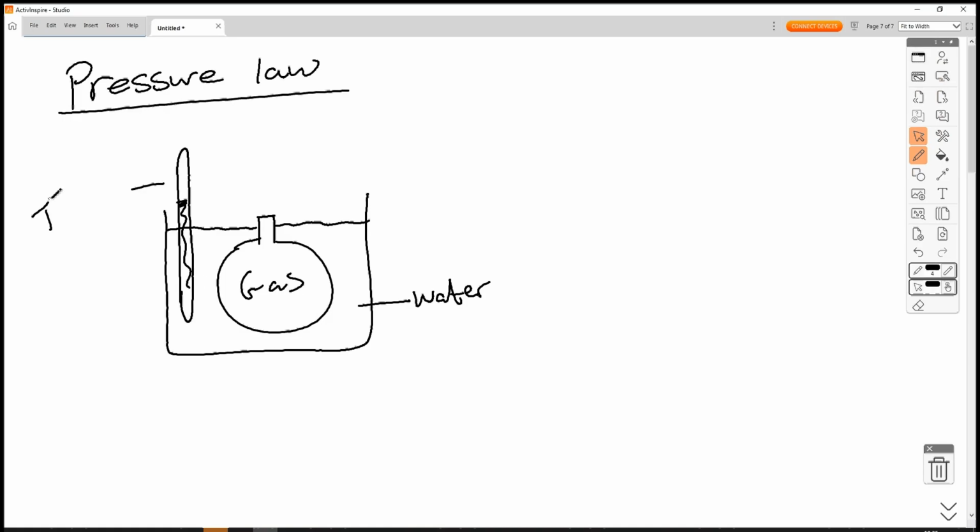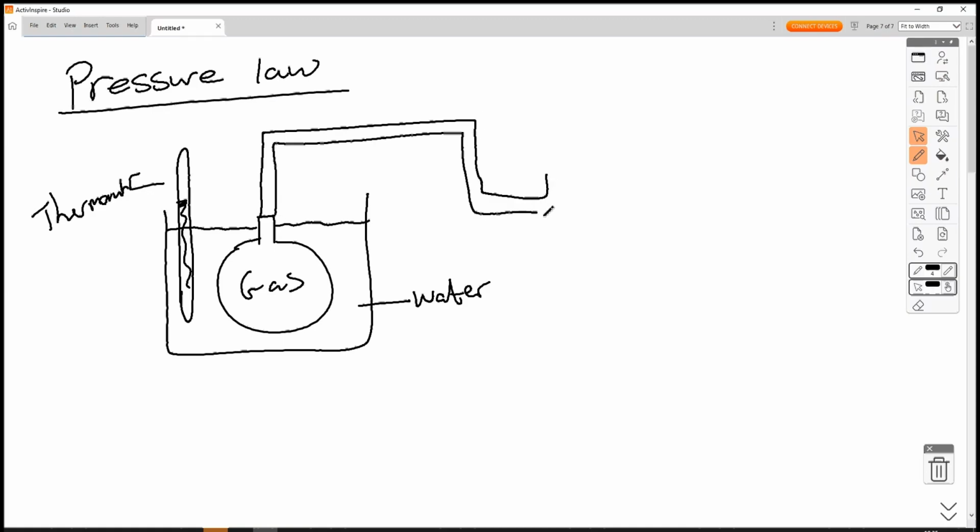And we've got a thermometer and a pressure gauge.